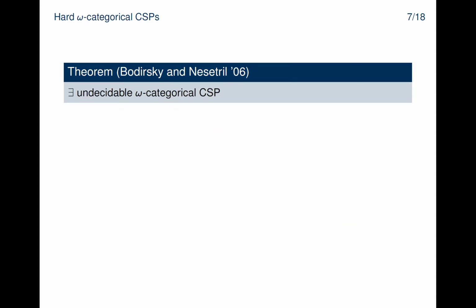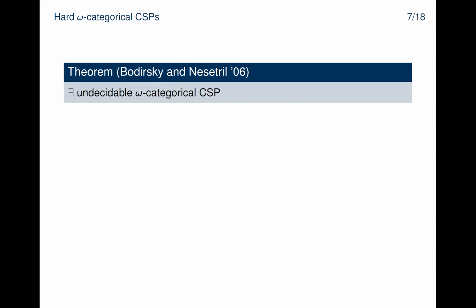So in this now relatively old paper of Bodirsky and Grohe, they showed that despite the fact that the complexity of an omega-categorical CSP is always encoded in the polymorphisms, there actually exist undecidable omega-categorical CSPs. And this proof is quite non-constructive.